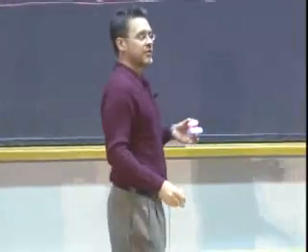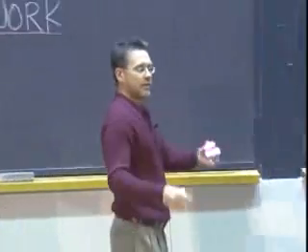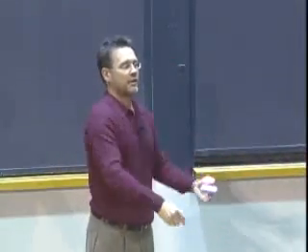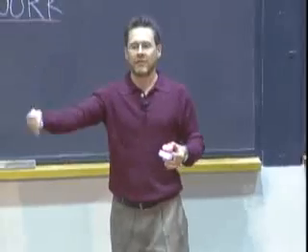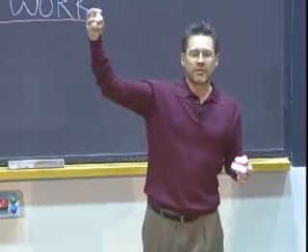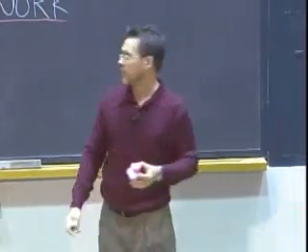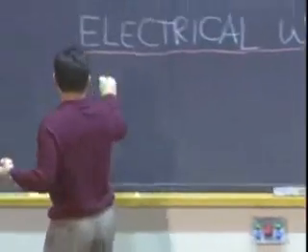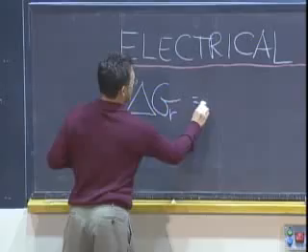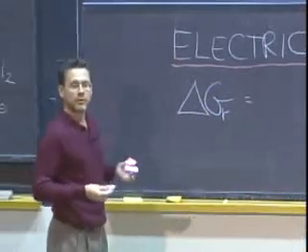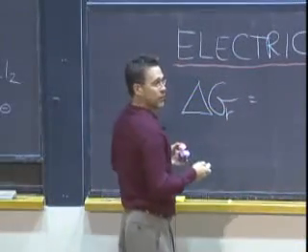I want to make an analogy between that and the way that things go downhill by virtue of the force of gravity. Okay, so you can think of a waterfall of electrons flowing from a place of high potential to a place of low potential if you want to get an idea for our expression for the way that the free energy of reaction is related to electrical work.